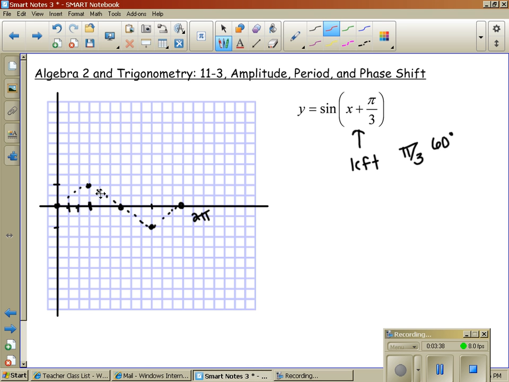So take each of your points and shift them to the left by 2. 1, 2. Shifting to the left by 2. And there's your graph.